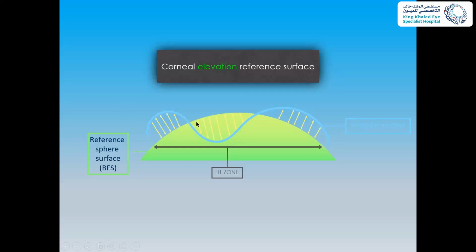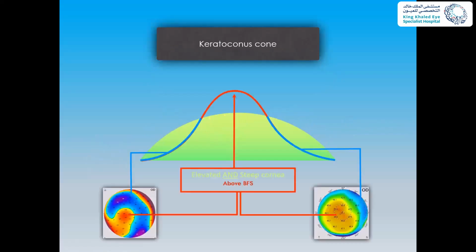So for every cornea, the best sphere fit will be different based on the particular case and particular asphericity and particular irregularity. Okay, so best sphere fit is not used for sagittal maps, it's not used for pachymetry, it's used for the elevation.